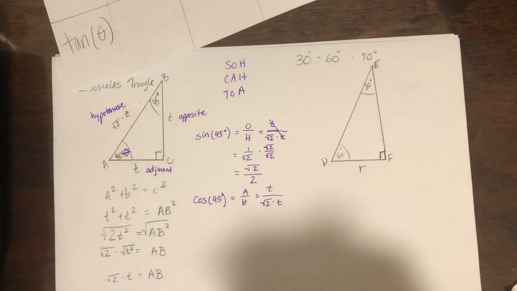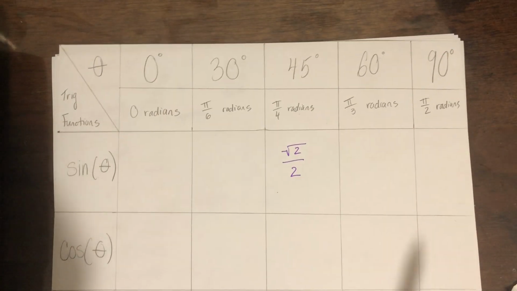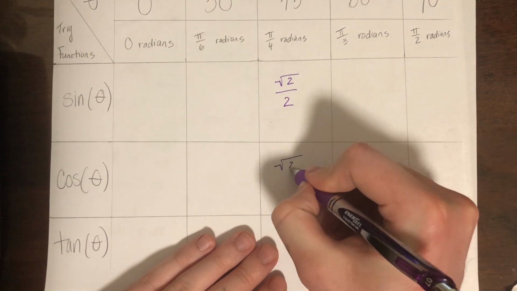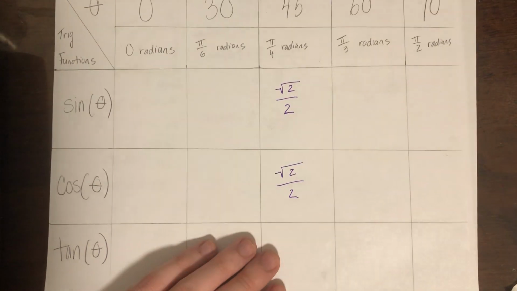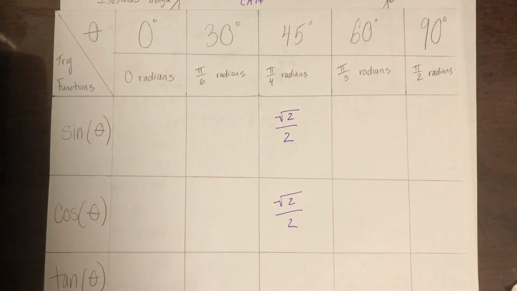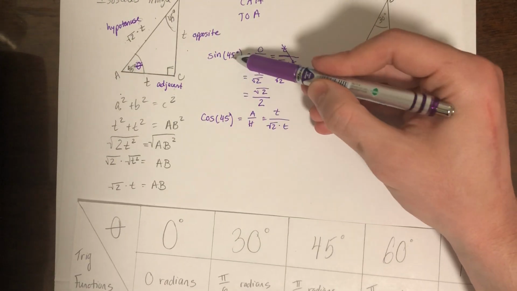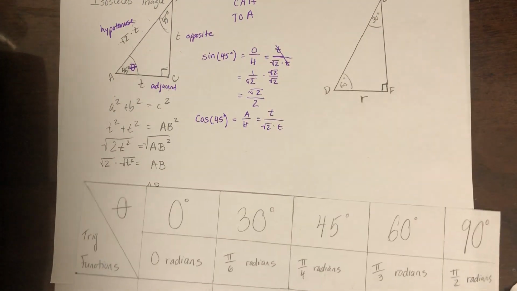I could go through the steps again, but that would be a waste of time. And if you remember something very important from trig, that should be no surprise to you. 45 is complementary to itself, 45 plus 45 is 90. And anytime you have a sine and cosine, and the two angles are complementary, they're going to be equal. So sine of 45 and cosine of 45 are equal.